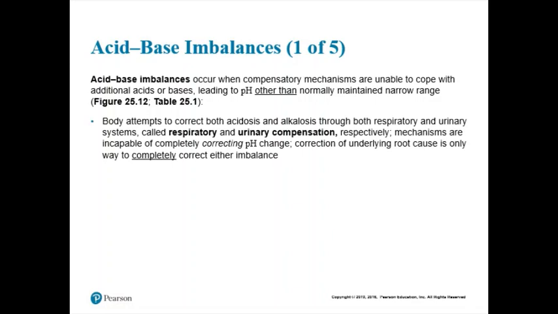You have compensatory mechanisms. If your respiratory system is trying to restore your normal pH, we call that respiratory compensation. If your urinary system is trying to restore your pH, we call that urinary compensation. But sometimes they don't do it successfully and you get an imbalance.